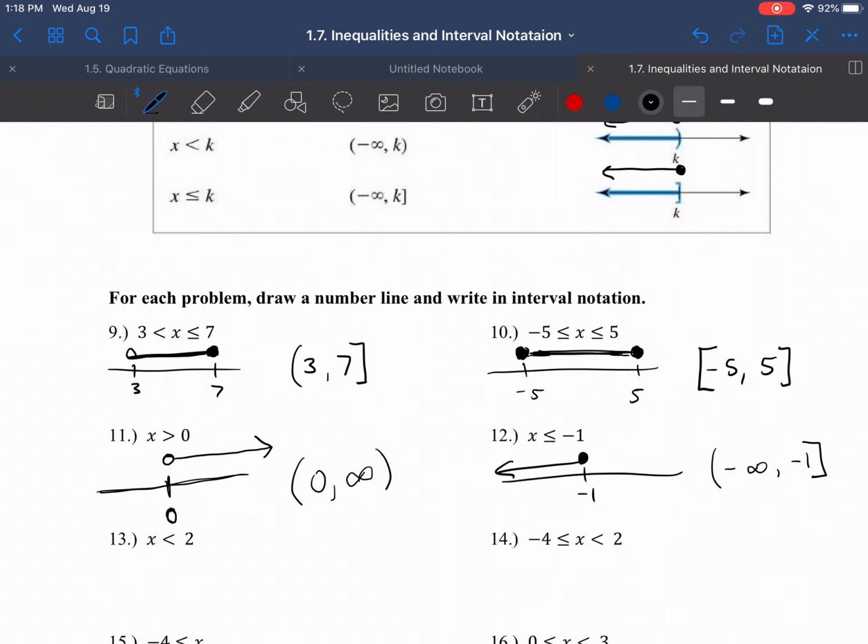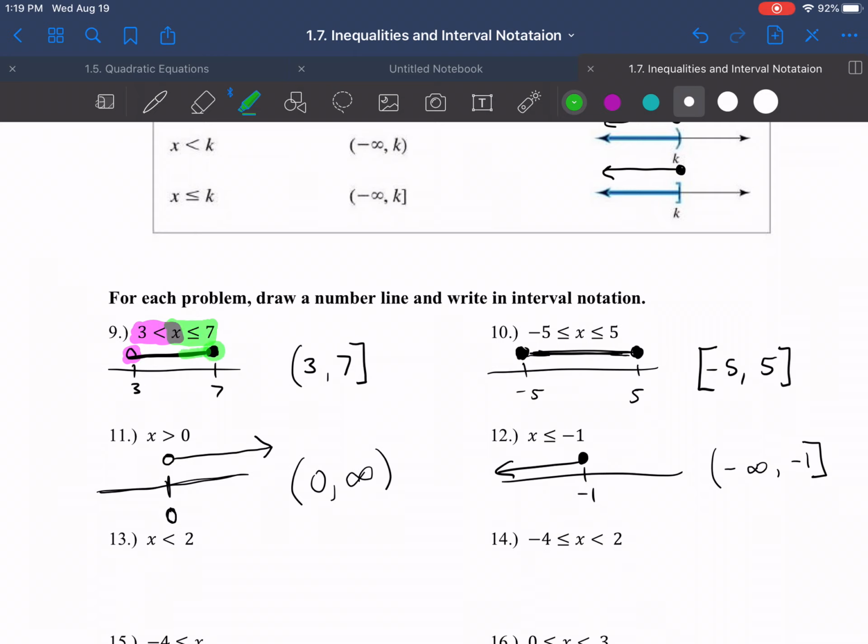Here I've done these first ones. Here we have to have x is greater than 3 but not or equal to, so hence we have this open circle right there. Okay, so open circle because of this part. And then we have to do less than or equal to 7. So here, less than or equal to 7, so that's a closed circle on it.